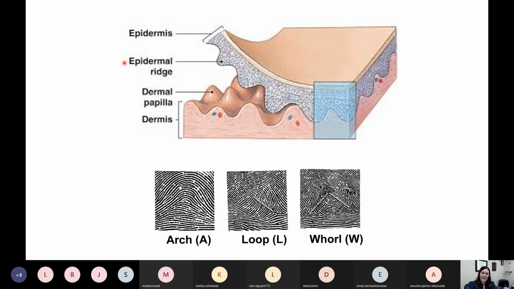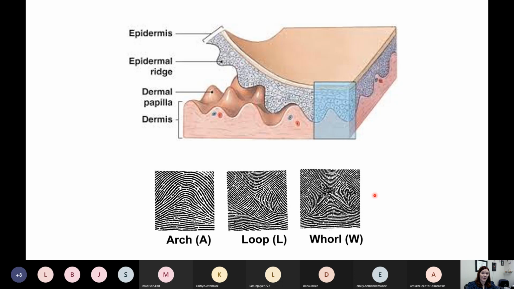You can actually see the interaction between the epidermis and the dermis when you look at your friction ridges, or in normal person words, your fingerprints. Your fingerprints develop because of the shape of these dermal papillae. The way that your dermis is interacting with your epidermis is what gives you your fingerprint patterns.